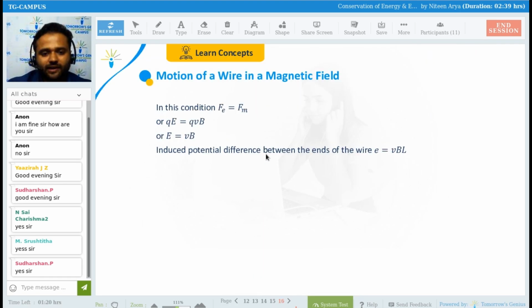Okay, so now motion of a wire in electric field, continuity thing, F equals Fm. So directly from here you can find it down. And that is the origin of EM waves, this particular important relation I am writing. In this condition, my electric force is equal to the magnetic force.